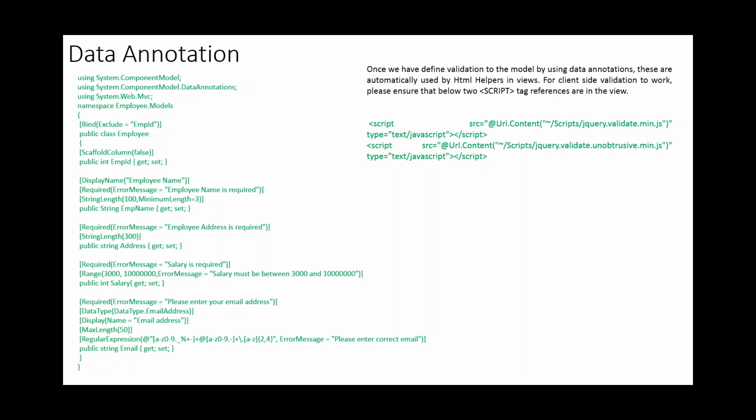Once we have defined validation on the model by using data annotations, these are automatically used by HTML helpers in views for client-side validation to work. Please ensure that the script tag references are in the view: jquery.validate.min.js and jquery.validate.unobtrusive.min.js. The unobtrusive JS file is mainly for when you are not writing jQuery yourself.